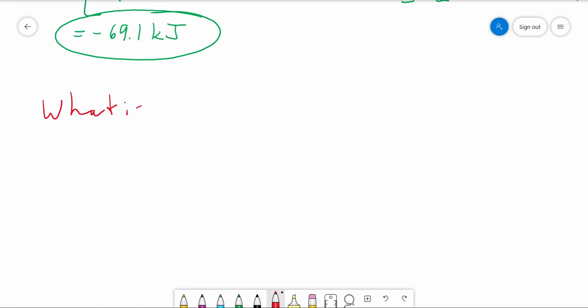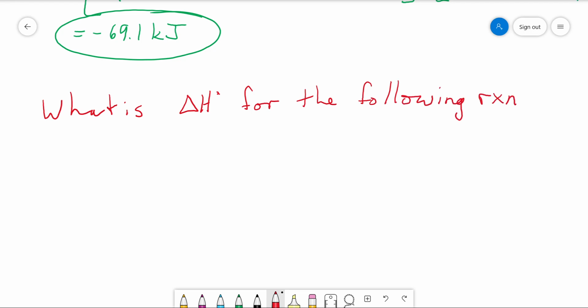What is delta H naught for the following reaction? All right, this is going to be the same exact thing, but a different reaction. 2C2H2 gas plus 5O2 gas.